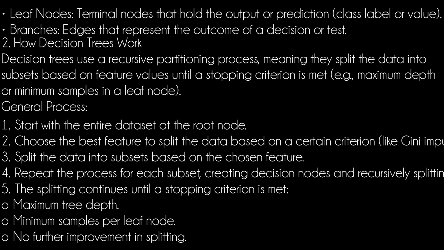Split the data into subsets based on the chosen feature. Repeat the process for each subset, creating decision nodes and recursively splitting. The splitting continues until a stopping criterion is met: maximum tree depth, minimum samples per leaf node, or no further improvement in splitting.